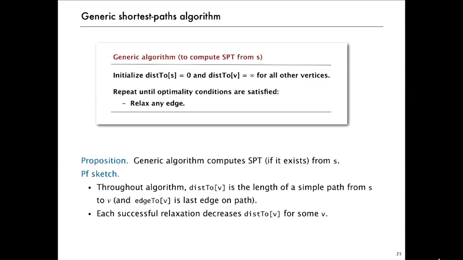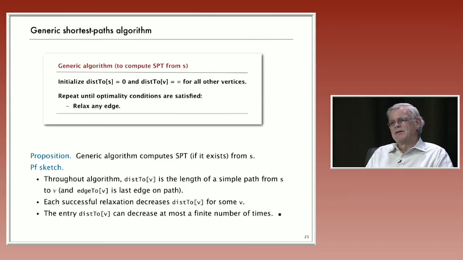We've assumed that there's a way to get to every vertex, and there's only a finite number of paths, so it can decrease at most a finite number of times. So the algorithm is going to terminate. It's as simple as that. Again, this is a little bit of a mind-blowing concept, but we'll leave that for more careful study, and for now just realize that all we have to do is relax along edges.